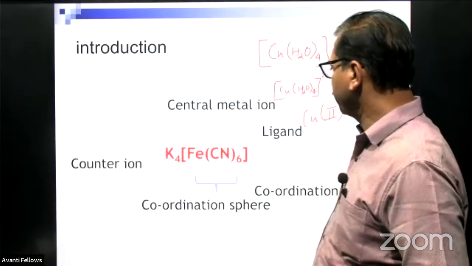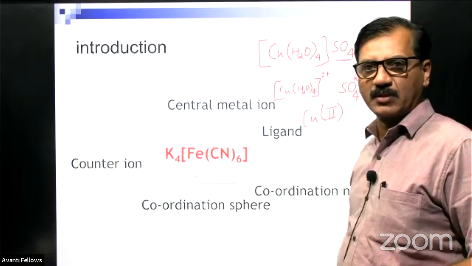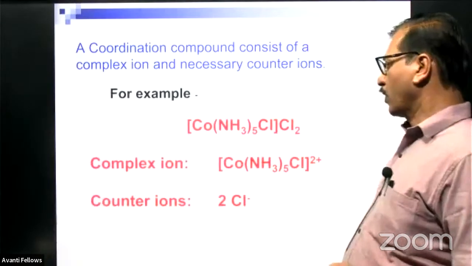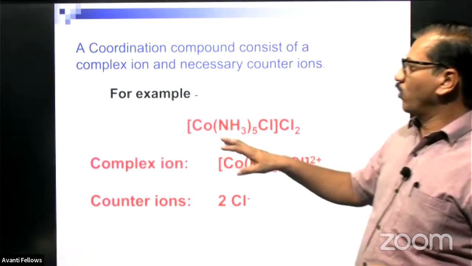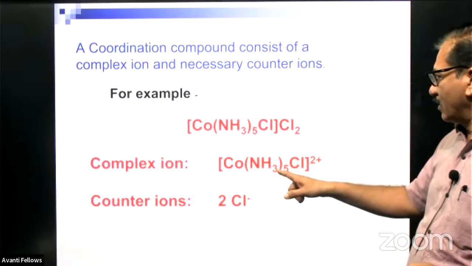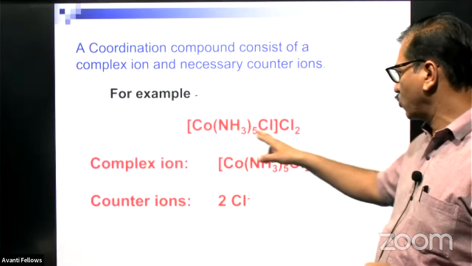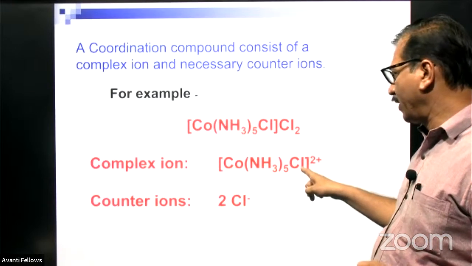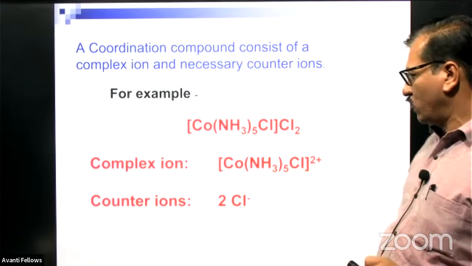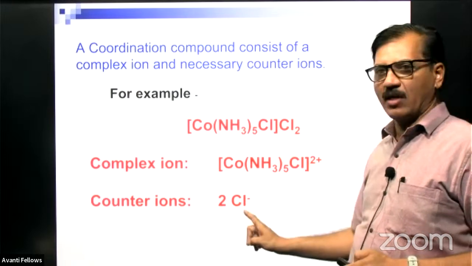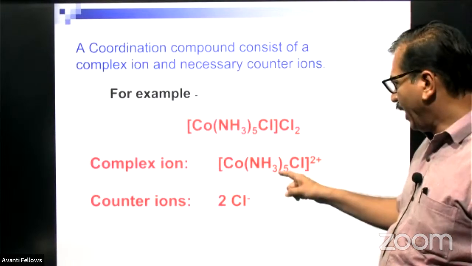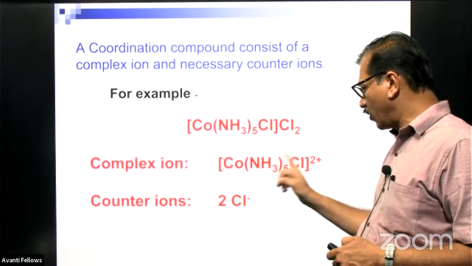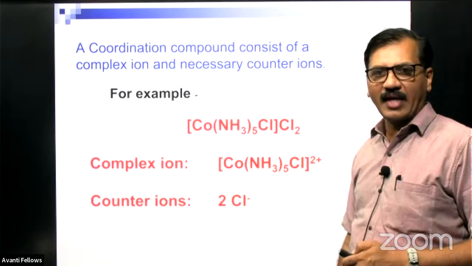So this is about the different terms in coordination compounds. Now, a coordination compound consists of a complex ion. The complex ion here is the one in the square bracket and carries a +2 charge, and the two Cl minus are the counter ions. It consists of two different kinds of ligands.